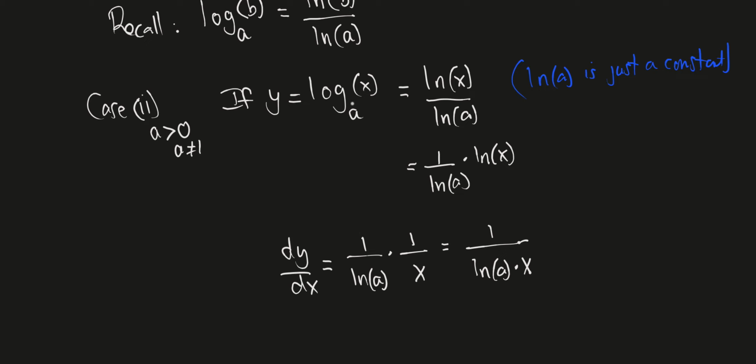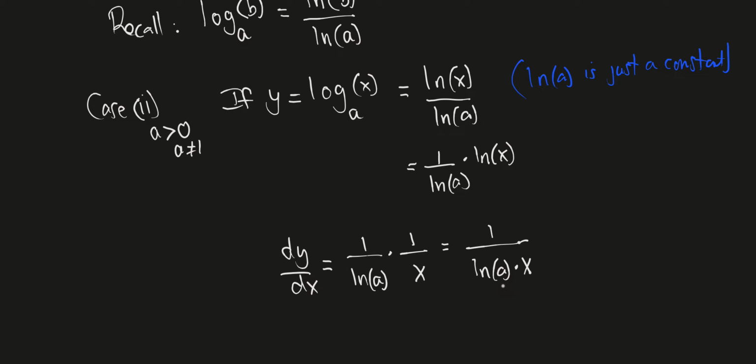And it also holds that if you extend this by putting absolute values around it, the derivative still is 1 over the natural log of a times x. It all comes from the piecewise definition of the absolute value and the chain rule.